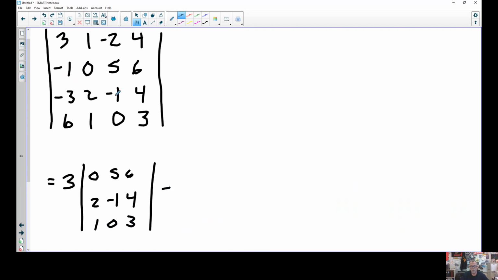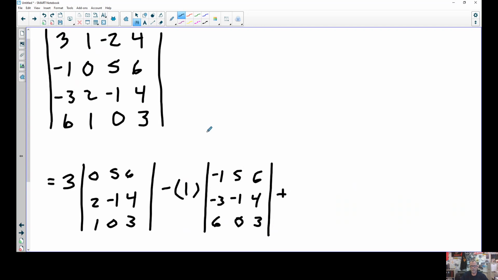Then minus, just like before, use the 1, and that is going to be times, get rid of that row and column. So I'd have -1, 5, 6, -3, -1, 4, and 6, 0, 3.